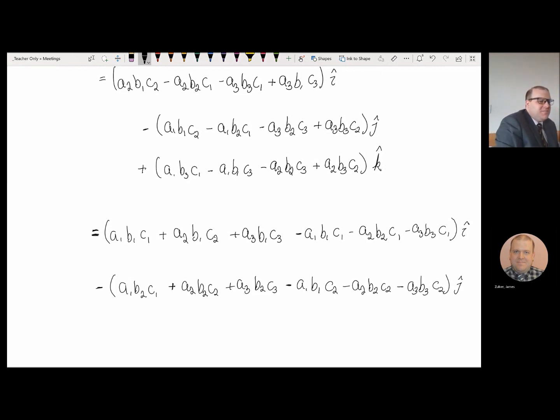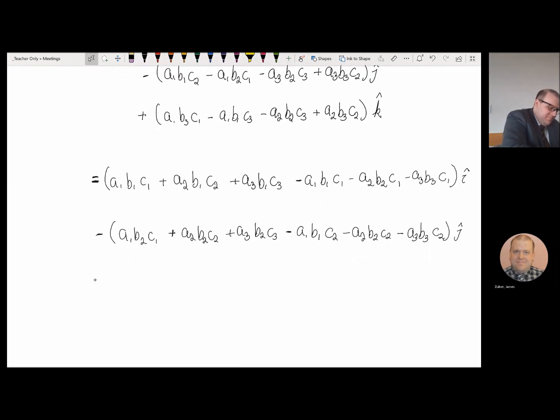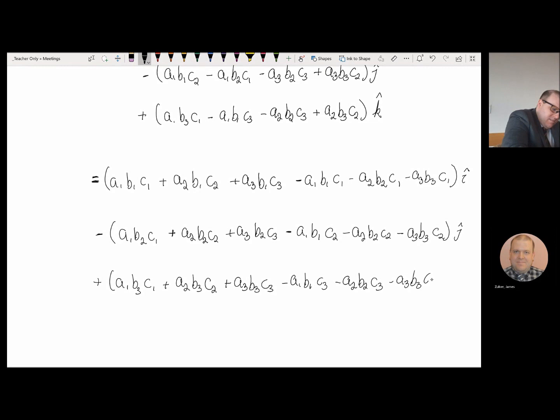There's the J. Then for the K, we're going to add the term A3, B3, C3, and then, of course, immediately subtract it out as well.